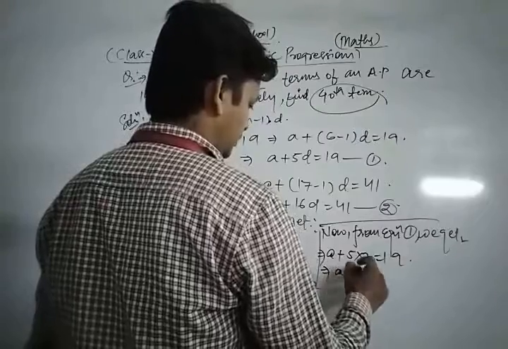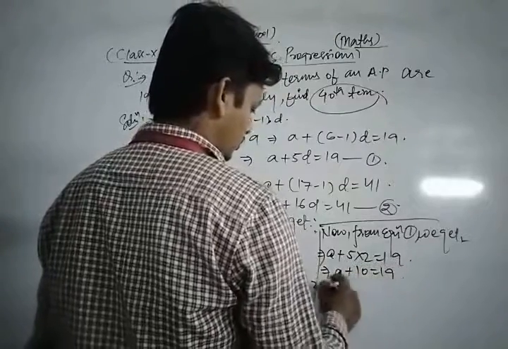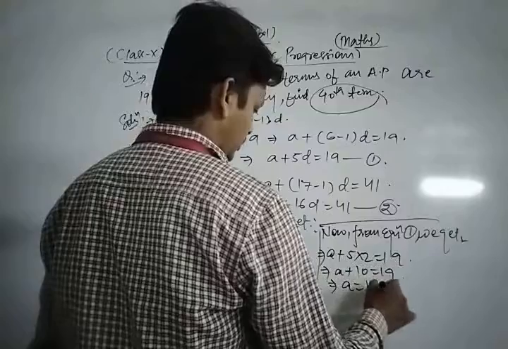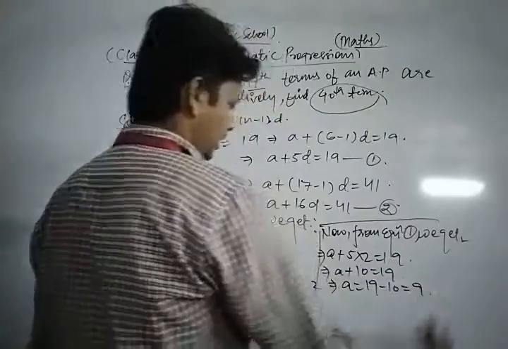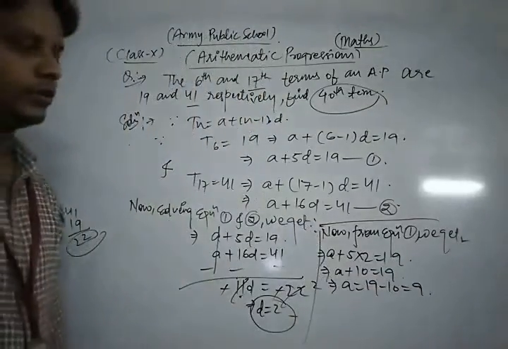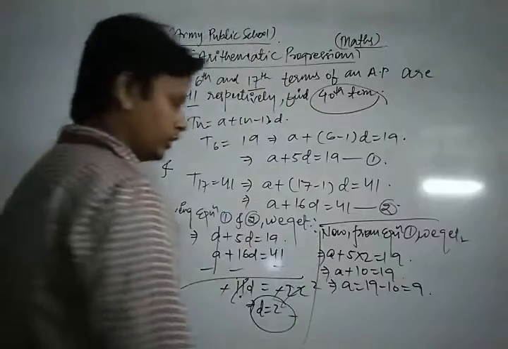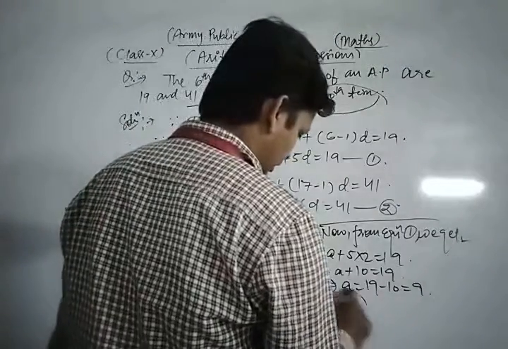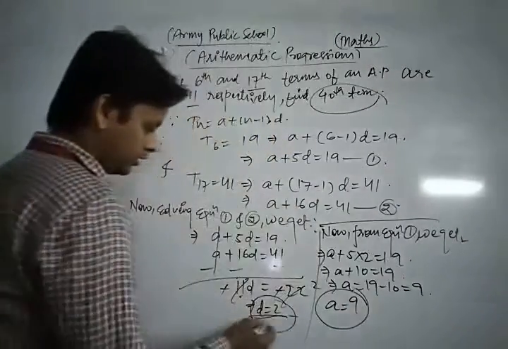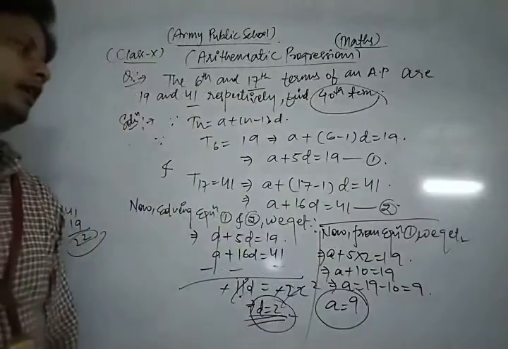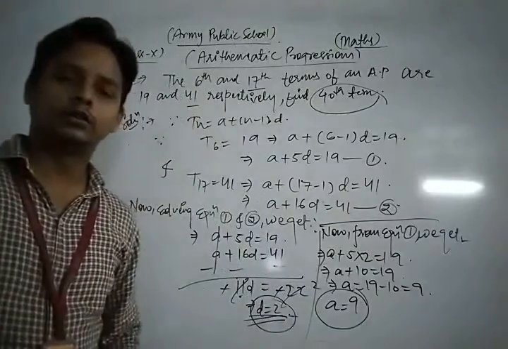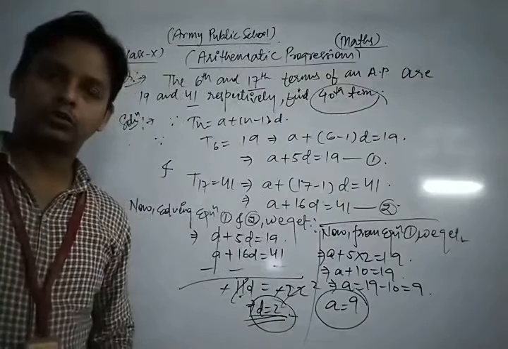So A plus 10 is equal to 19, so A is 19 minus 10, that is 9. So in this way, dear student, we find the value of A is 9 and D is 2.